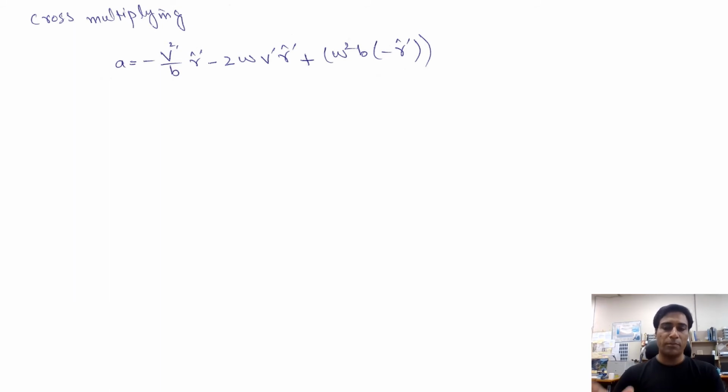If you follow the previous equations, I cannot go into the previous slide, so you will see that finally we get this relation: A is equal to minus v dash square over b into r dash unit vector minus 2 omega v dash r dash unit vector minus omega square b r dash unit vector. So this minus is now outside.